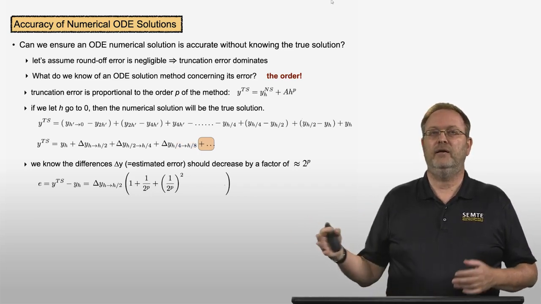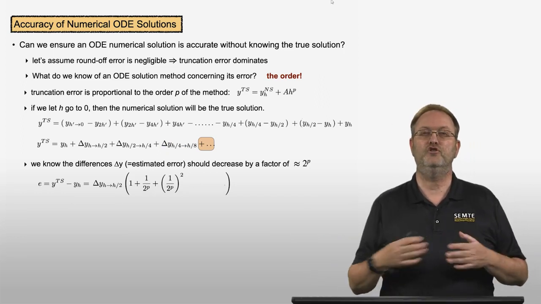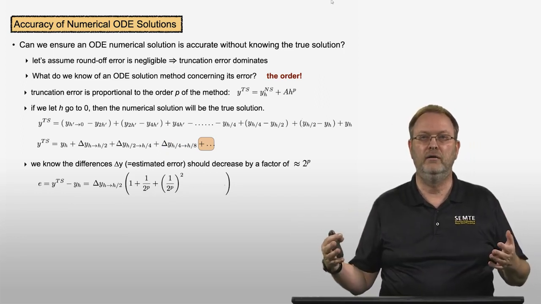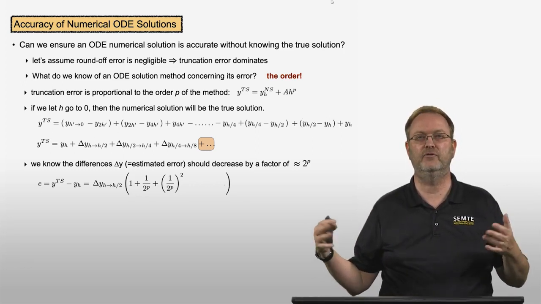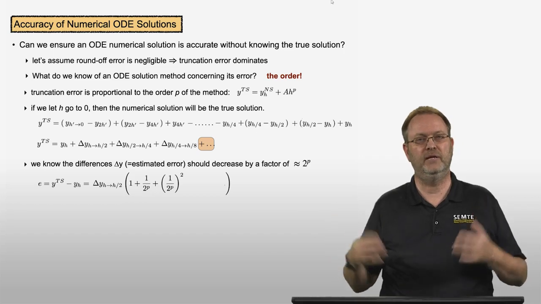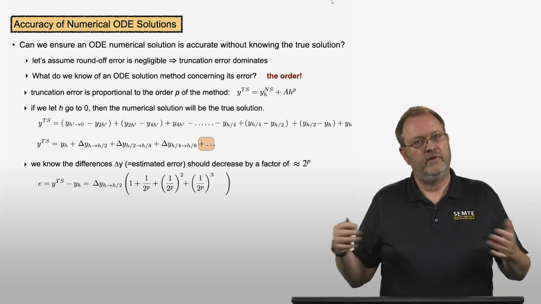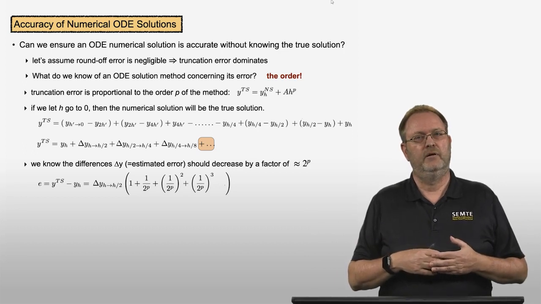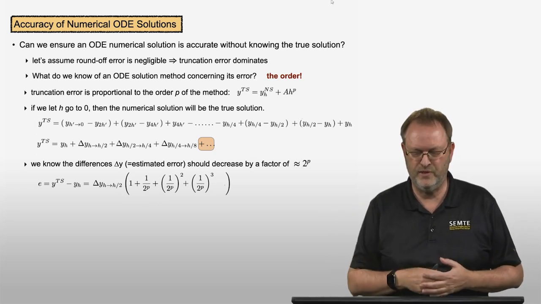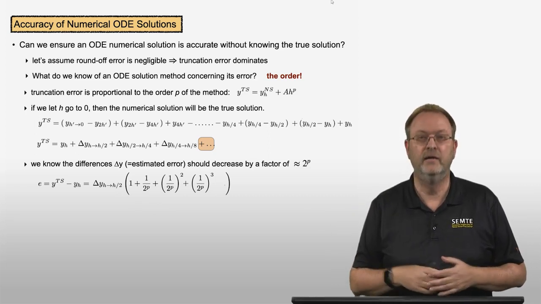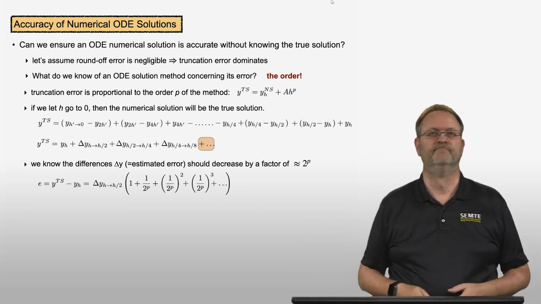And I keep on going because I know that each one of these estimated errors, these delta y's, should be smaller than the prior one by a factor of 1 divided by 2 to the power p. Right? That should be the smaller factor. So the next one would be 1 divided by 2 to the power p times 1 divided by 2 to the power p squared, which gives me 1 divided by 2 to the power p, entire thing cubed, plus infinitely many terms.